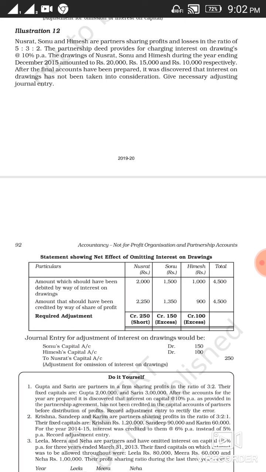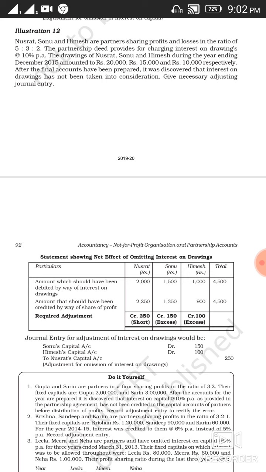So Nusrat still has to be paid 250 rupees. How? 2,250 minus 2,000, we still have to pay 250 rupees to Nusrat. We have to pay means the firm has to pay, means credit.